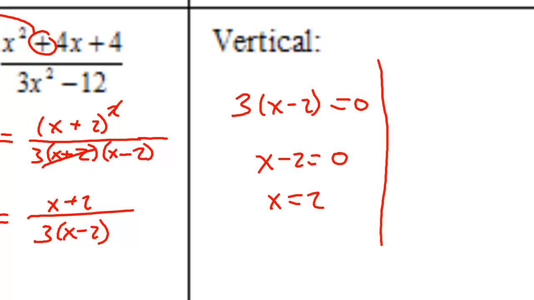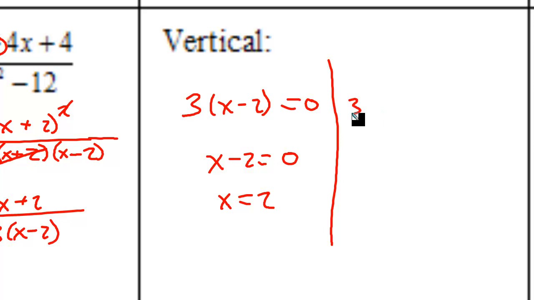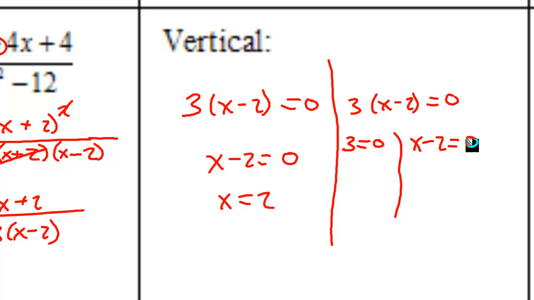A different way to do this, I should mention this in case you're just going to do it the exact way that I showed you in your notes, which is probably the best way. This is already factored. Set each factor equal to 0. 3 equals 0 and x minus 2 equals 0. 3 equals 0 is not true. Therefore, there's no solution from this because 3 doesn't equal 0.